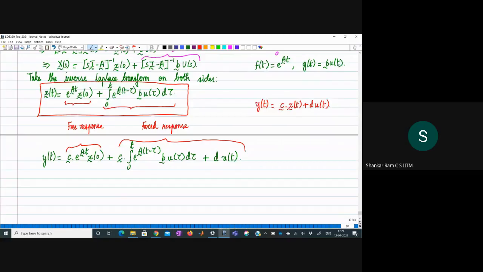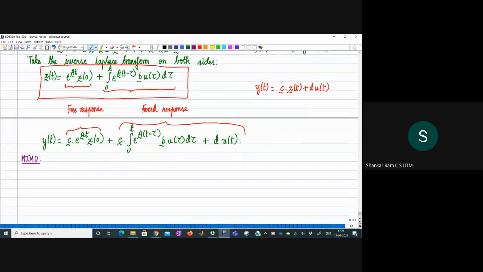If not, let's continue. We have looked at the results for SISO. In fact, one of the advantages of the state space representation is that, compared to the transfer function representation, the analysis of MIMO systems happens more naturally. If you consider a MIMO system and want to look at the transfer function representation, we will have a transfer function matrix, because now we have more than one input and more than one output.